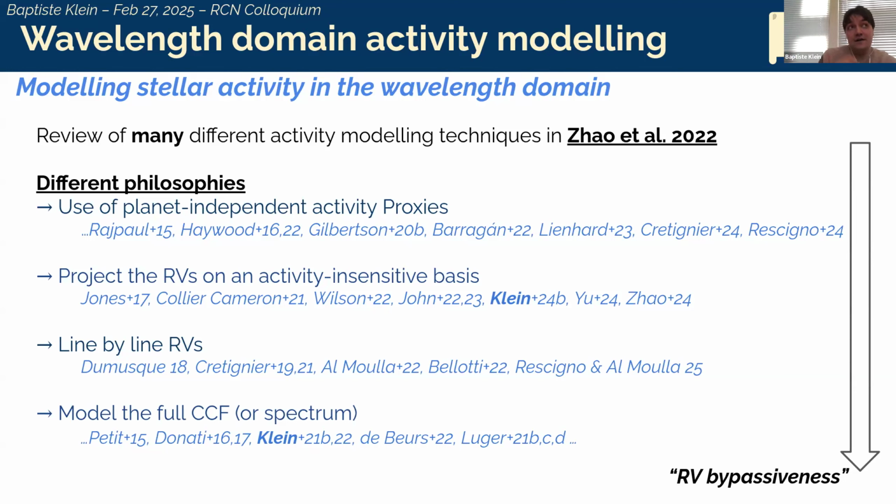You can also identify some generic variation in your RV, typically the temperature dependency, that can help you filter your RV in a more physically realistic approach. And finally, you can say, I don't want to work with RV, I'm going to model the full line profile or the full spectrum. That's notably what I will talk about in the end with Doppler imaging.